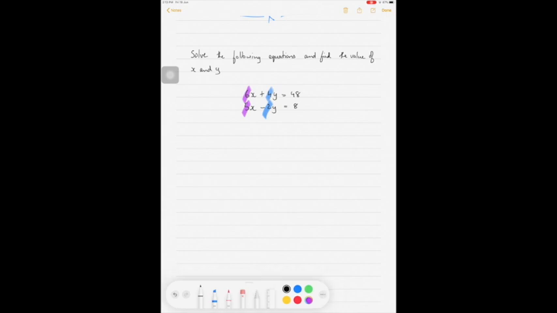Now the best way is, see, I'll name this equation 1 and equation 2. In equation 1, the constant of y is 4, and in equation 2, the constant of y is 2, right?